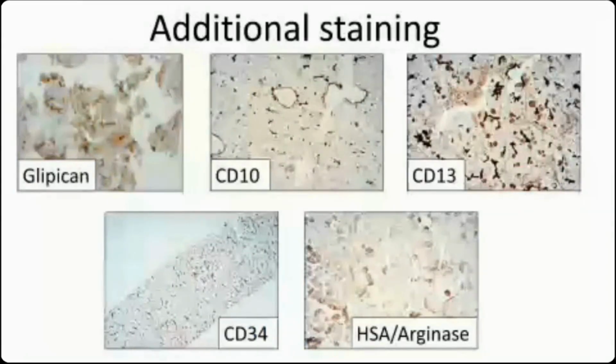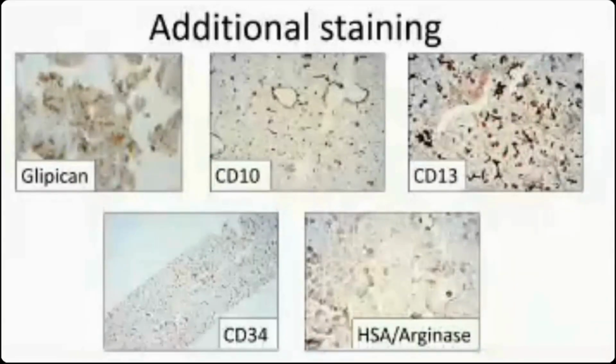So we know from just our H&E and our reticulin staining that this is an HCC. We don't really need any of the other stains, but if you did, you could use Glypican, which may be positive. Glypican is helpful if it's positive, it's not helpful if it's negative. You could look for the canalicular pattern of staining, such as here with CD13 or CD10.